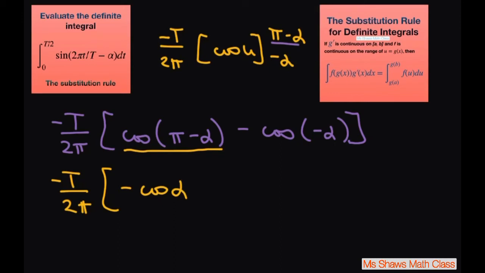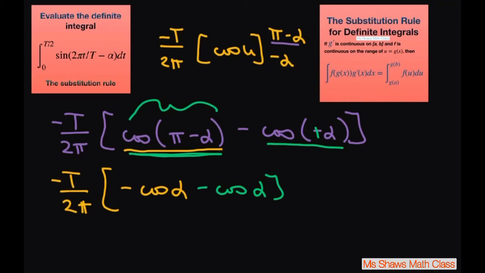And I know you're asking, how do you know that? I'll show you the sum and difference formula on the next slide if you want to wait around for that. Also, cosine is an even function, so cosine of negative alpha is just cosine of alpha. So now we have another negative cosine of alpha.